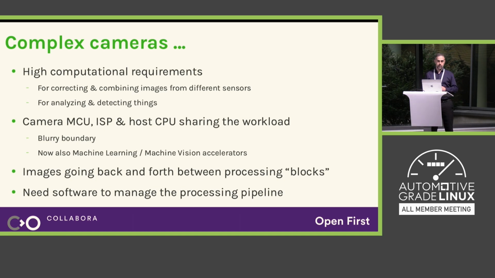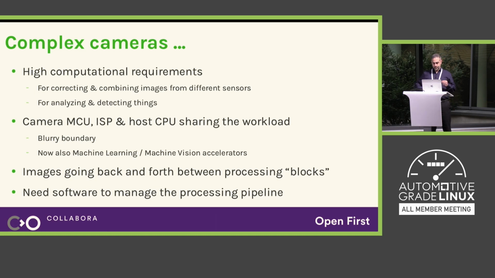Sometimes there is an MCU in the camera. Sometimes the host CPU is involved as well and doing parts of the processing. There's a blurry boundary between those, and different cameras and different implementations of cameras require different setup. Nowadays, I haven't researched much, but I suppose we need to have some integration also with processors that are specific for machine vision and machine learning applications.